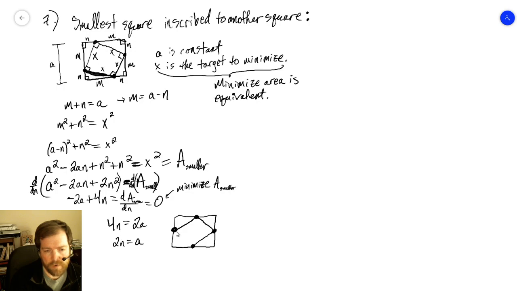It's totally a square. N and n, making up each a. Okay, cool.